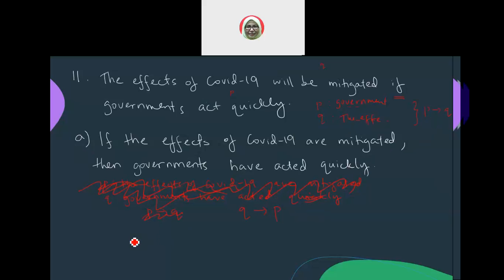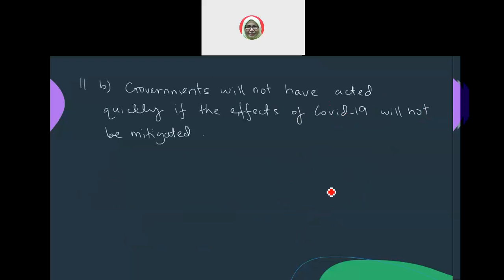Therefore, for a converse, the statements are not logically equivalent. In other words, the content of the statements is not the same. All right, question B.